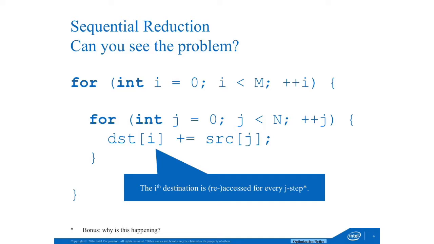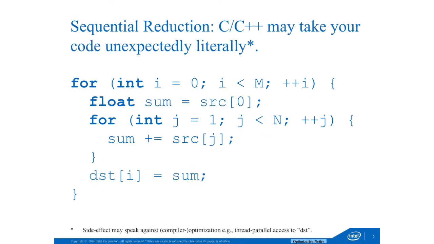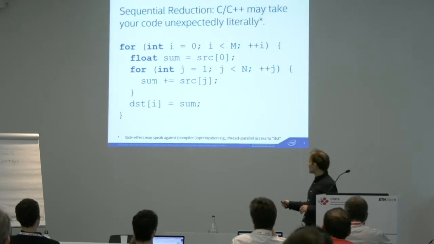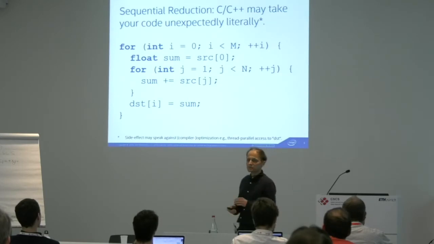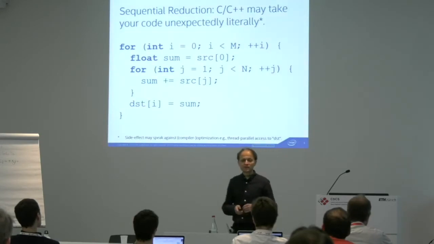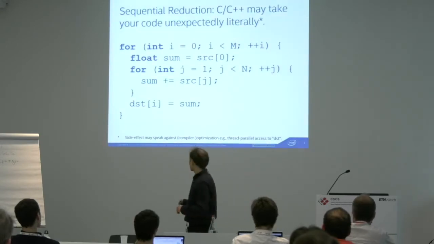It writes to memory every time, and there might be an O3 flag that makes that work, but in general the problem is that you want to hoist out that variable as a local variable or global, whatever your flavor is, accumulate into it, and then do the write only once. That gives you immediately 10-fold, 100-fold, whatever the loop iteration count is, in performance, just for hoisting that out of the loop.